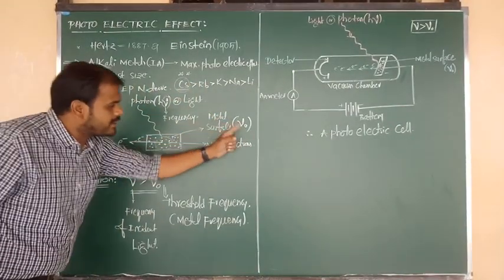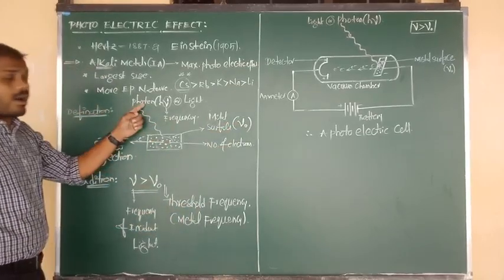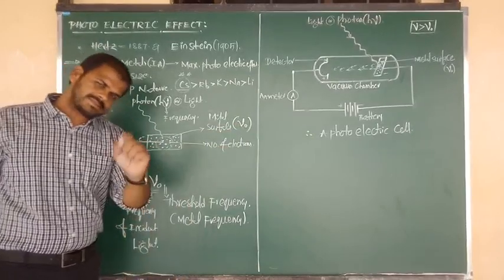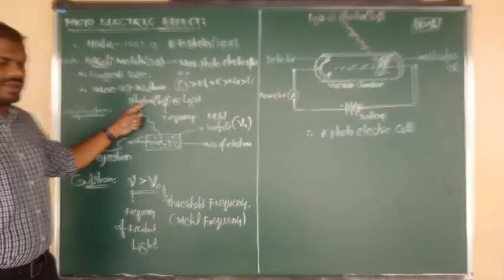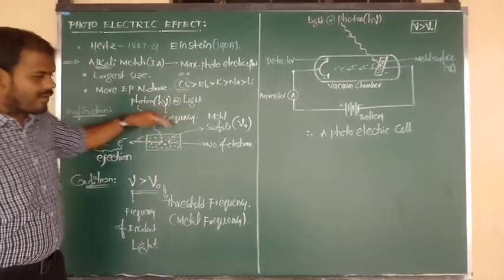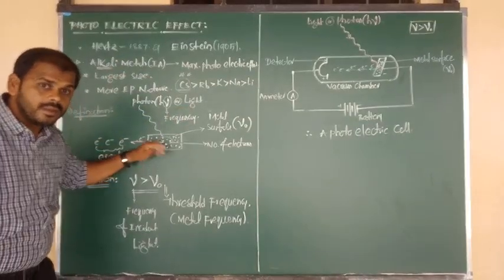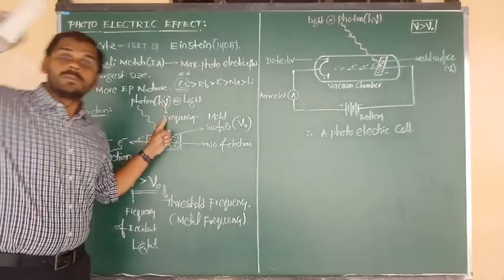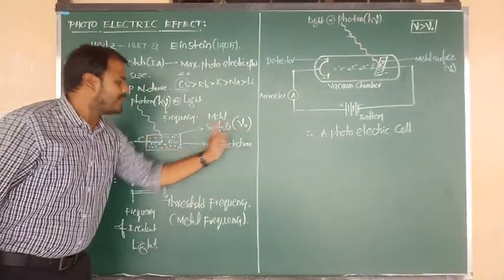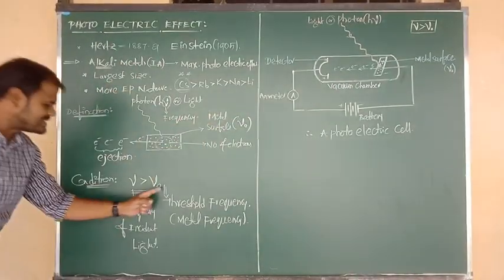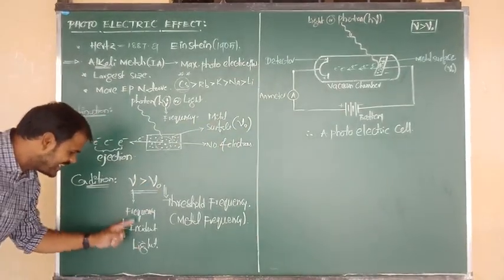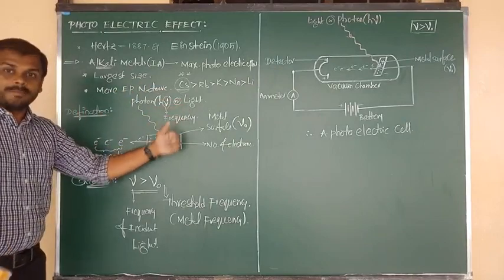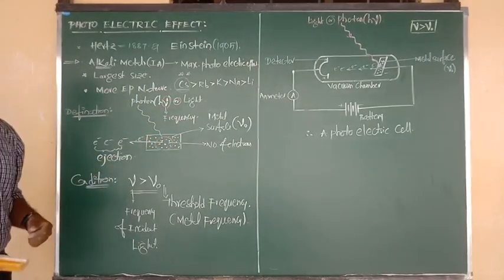But listen carefully. As compared to the metal frequency, the frequency of incident photon must be higher. Once again, the frequency of incident light which is falling on the surface of metal should be more than the metal frequency. If light contains more frequency, it can easily remove the electron.